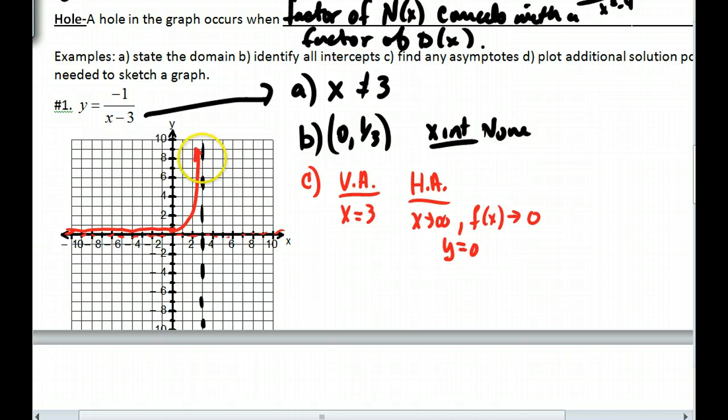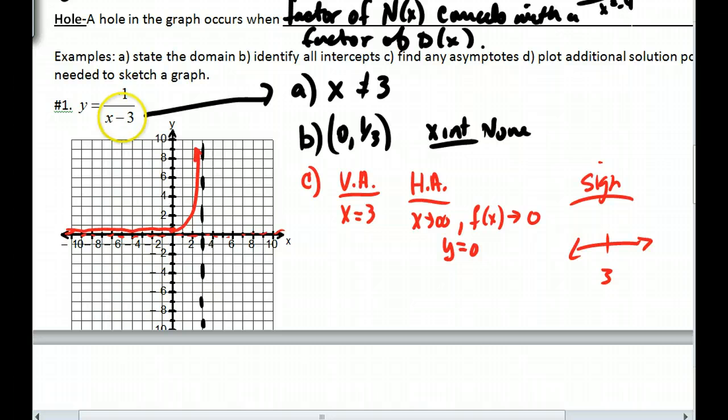Now let's double check. How you double check is that you can do a little sign chart. What I want to look at is what happens in and around 3. If I come from the left side, think of a number like 2.9. If I take 2.9 here, just figure out the plus and minuses of what's going on. So if I take 2.9, I have a negative on top and a negative on bottom.